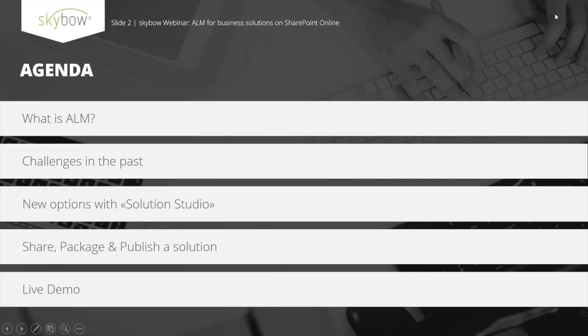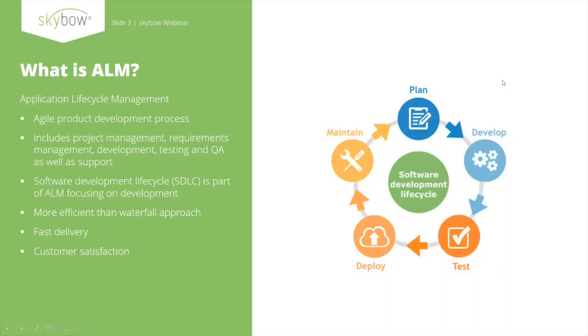Yeah, so ALM, for those who never heard about ALM, is actually the life cycle of an application itself. So it's an agile approach. You do stuff in sprints with shorter packages.